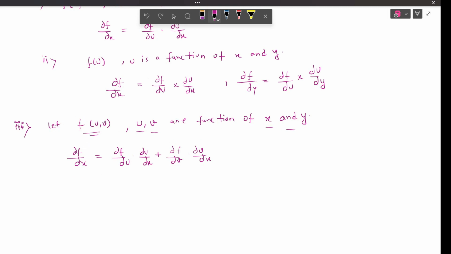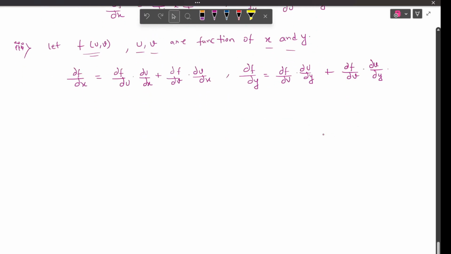So if we are deriving this f function with respect to x, then we need ∂f by ∂u into ∂u by ∂x plus ∂f by ∂v into ∂v by ∂x. And we can write ∂f by ∂y as ∂f by ∂u into ∂u by ∂y plus ∂f by ∂v into ∂v by ∂y. Okay.